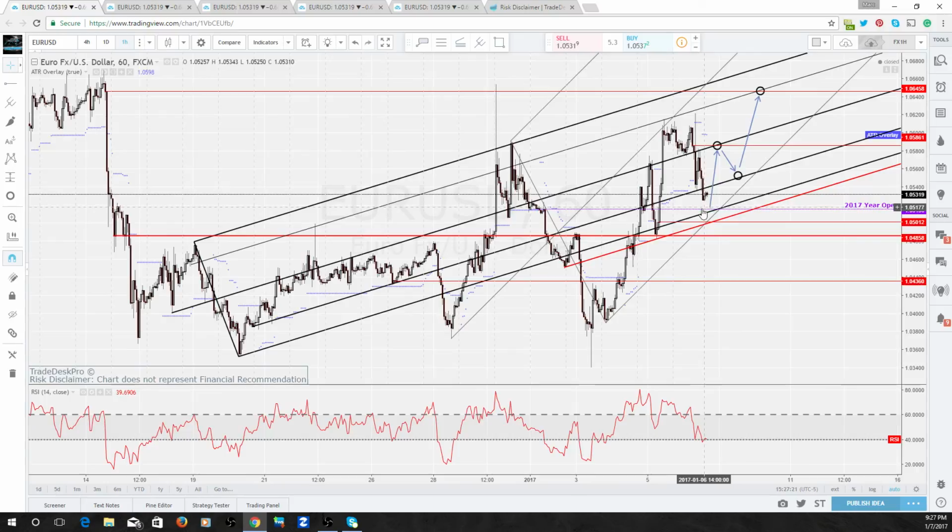If price goes to the year open, then it goes to this level, then back to the sliding parallel here, which was support here, here, here, resistance here. So I'm hoping it will be support here and going up from there, crossing through the median line.